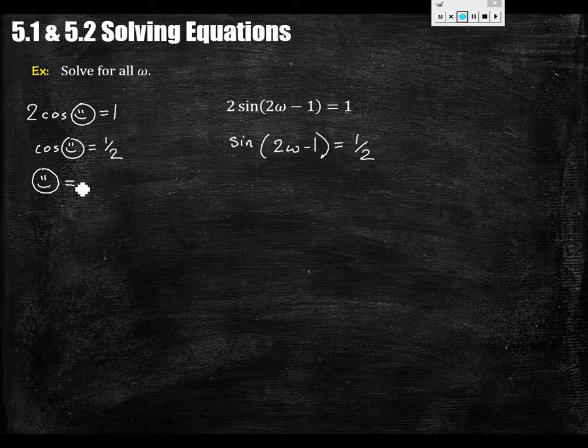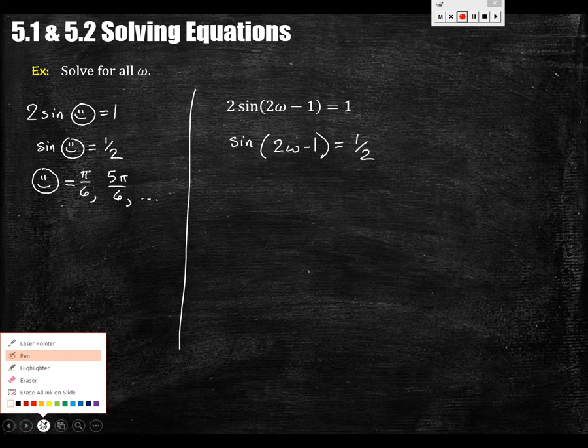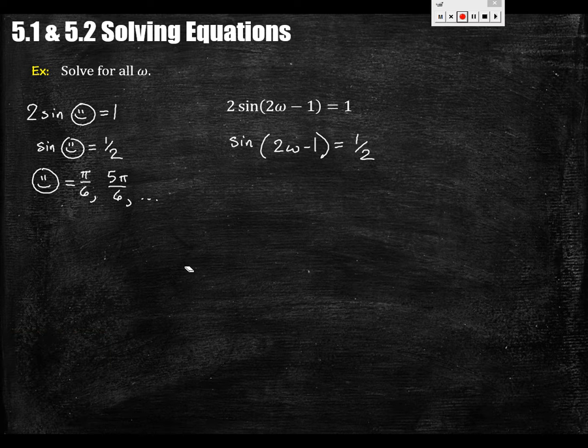Oh, sorry, it's sine, not cosine. I didn't mean to do that, sorry. When is sine 1/2? Pi over 6, 5 pi over 6, and an infinite number of other things coterminal to those. All right, so keeping that in mind, let's solve this problem. So what's the takeaway for us in this problem?